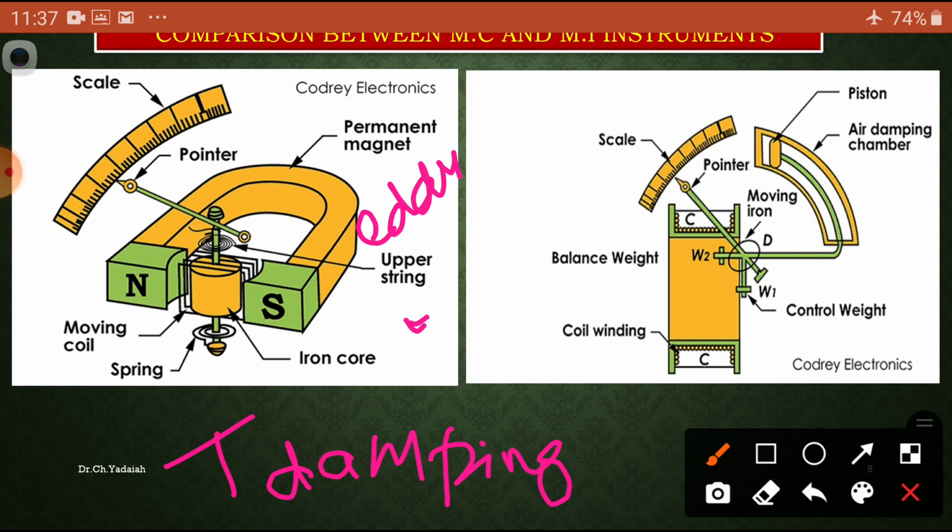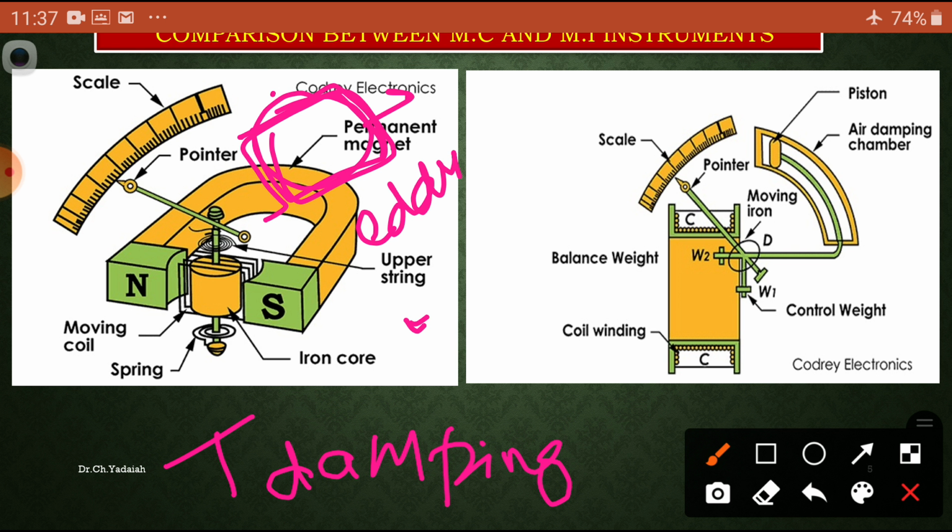As you observed, there is an iron core and an aluminum frame on which the coil is wound. This aluminum frame acts as the eddy current damping, so eddy current damping is provided in the moving coil instrument.